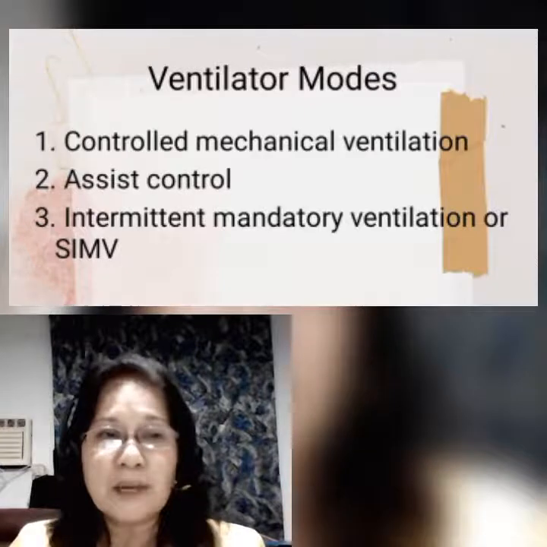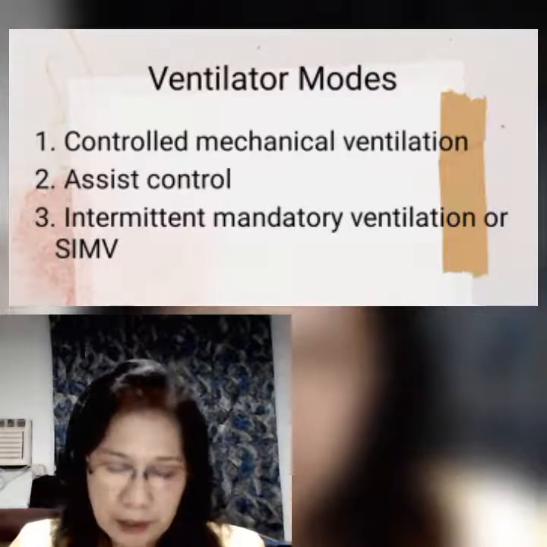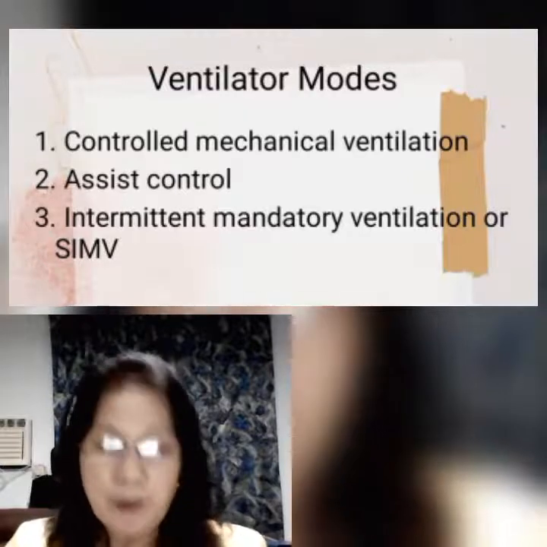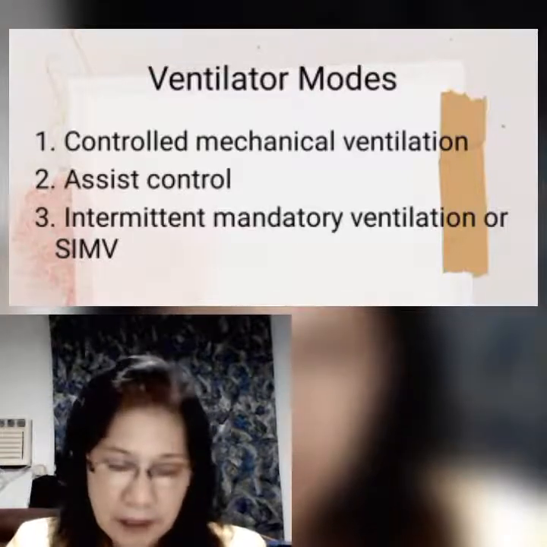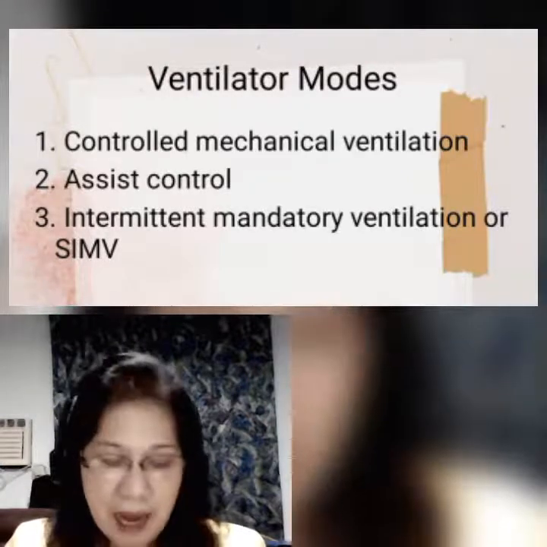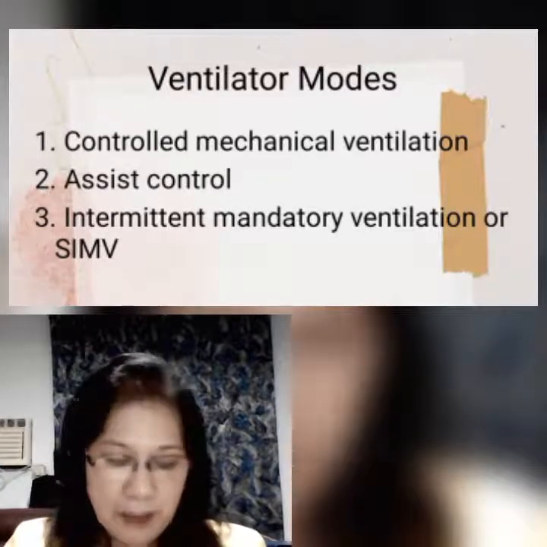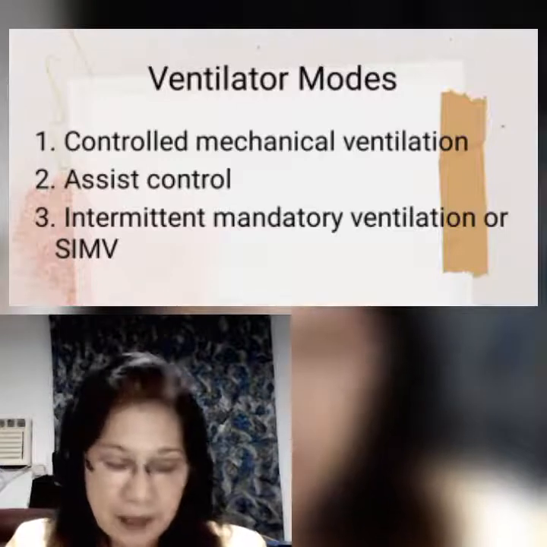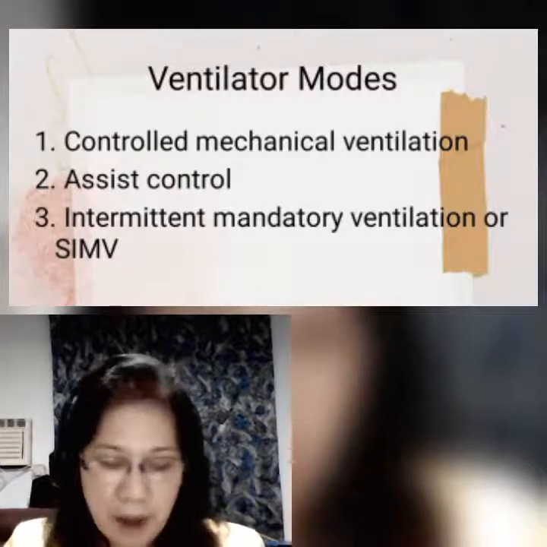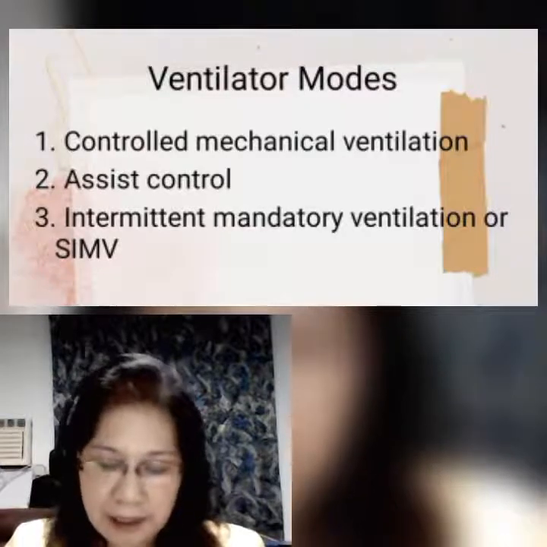When you say intermittent mandatory ventilation, it refers to any mode of mechanical ventilation where a regular series of breaths are scheduled, but the ventilator senses the patient's effort and reschedules mandatory breaths based on the calculated need of the patient.